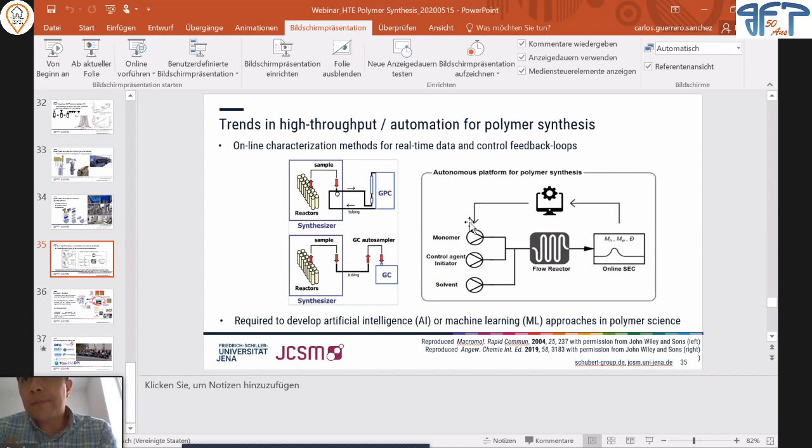But it is also a matter of how much budget is available to build a more complex machine, and how many results you really need for a certain project or goal. There is no limitation; I guess you could use a combination of both. The nice thing with flow reactors is that the volumes are relatively small, so you can change the conditions very quickly.